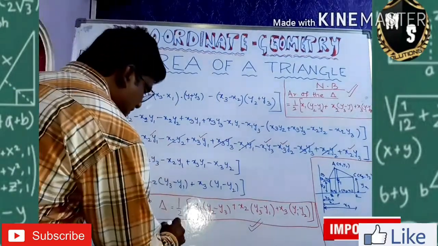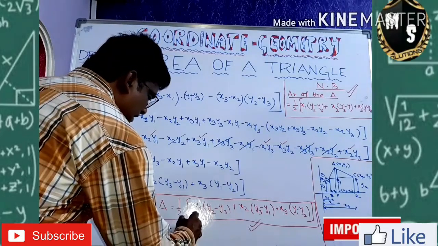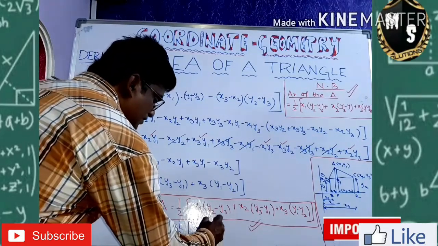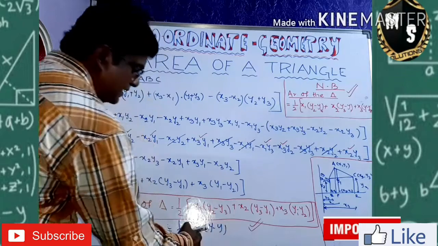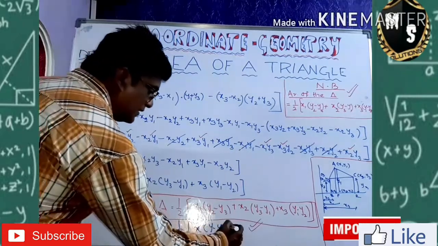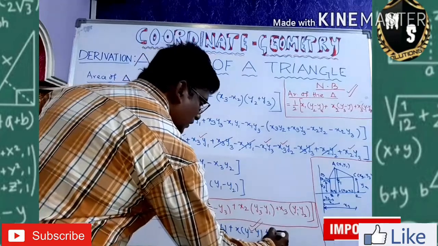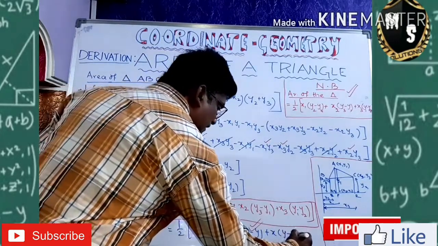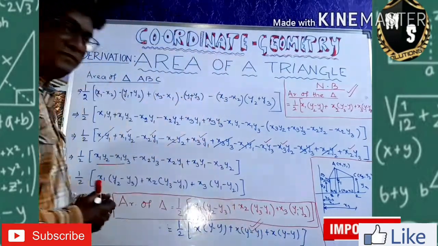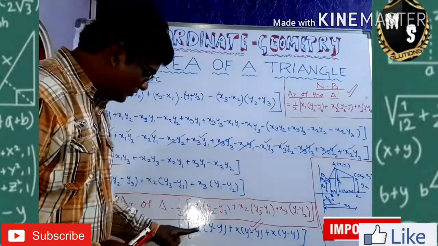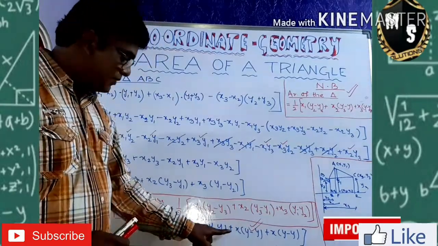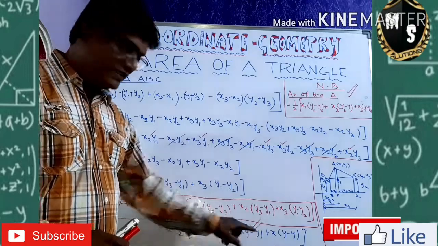See, that is equal to half into, I am writing, x into y minus y. You write this term, x into y minus y, 3 times: plus x into y minus y, plus x into y minus y.